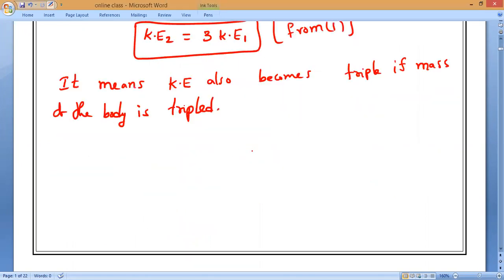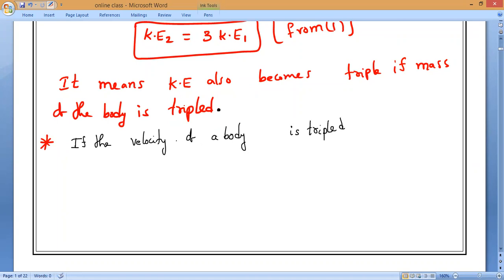Okay. Now, next question. Is this question completed, everybody? Arun, Gokul? Now the question. If the velocity of a body is tripled, have you checked it now?